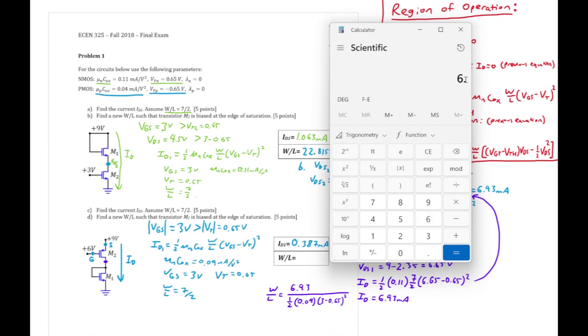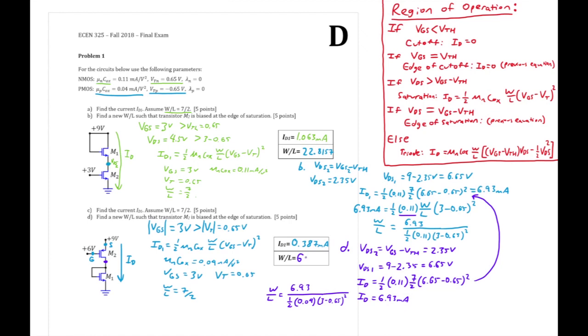And we're going to take 6.93 divided by that number to get 62.74. 62.74. And this concludes Part D of Problem 1 for the Fall 2018 final exam.